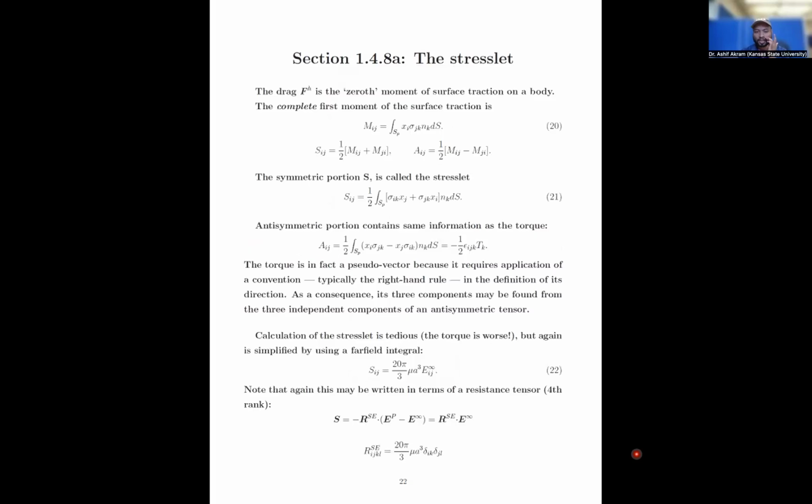Okay, thank you. Right, so we have the stresslet, which can be written again in a resistance tensor form, and I just do this in order to give you 2 points.